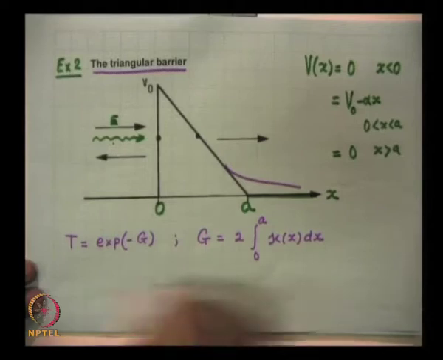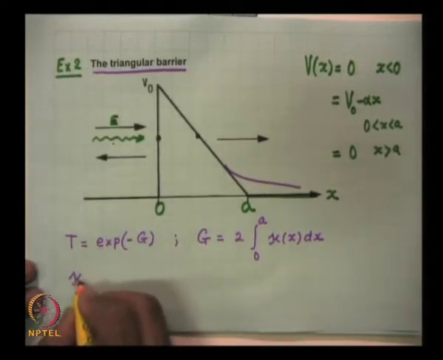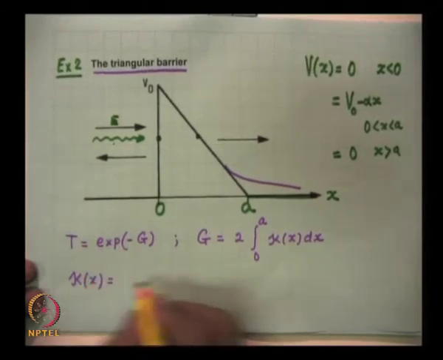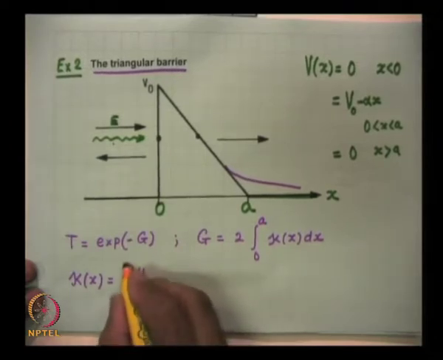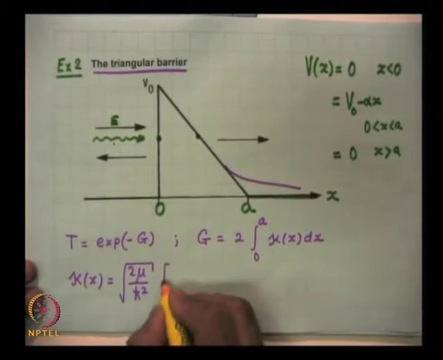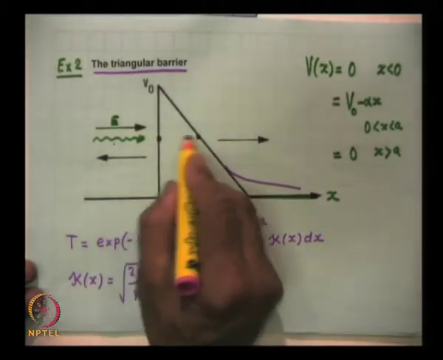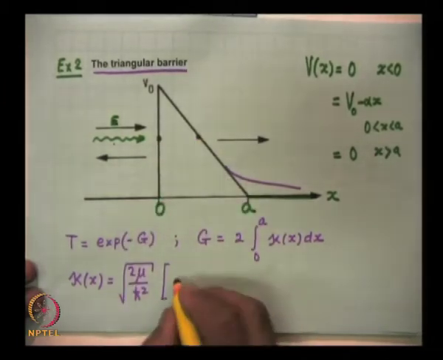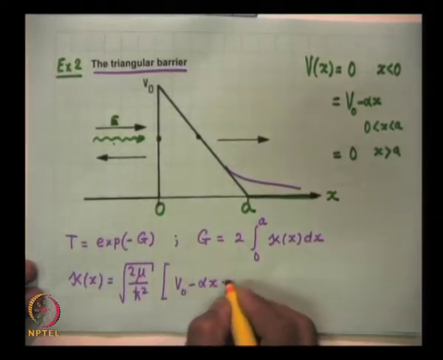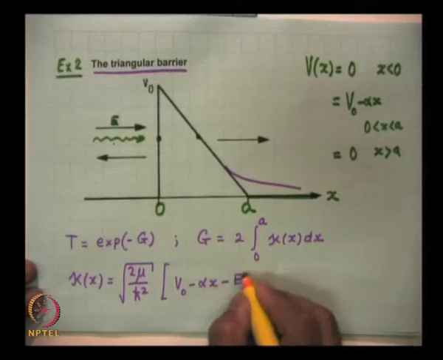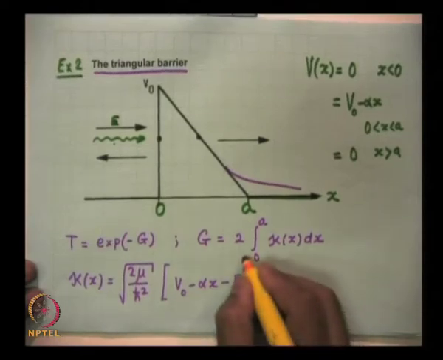And what is kappa of x? So, kappa of x is equal to 2 mu by h cross square, under the root, of V of x in this region between x equal to 0 and a, V0 minus alpha x minus E, raised to the power of half.